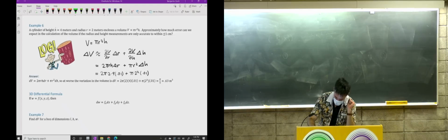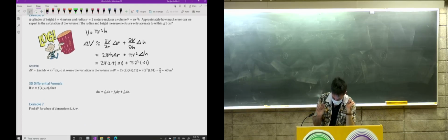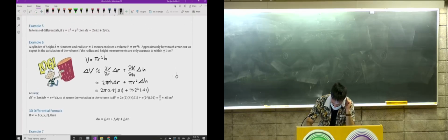The last thing that I want to mention is the 3D differential formula. It looks a lot like the two-dimensional one, except now, if we're looking at a function of 3 variables, we're just going to add a third term. Let me scroll up for a second.